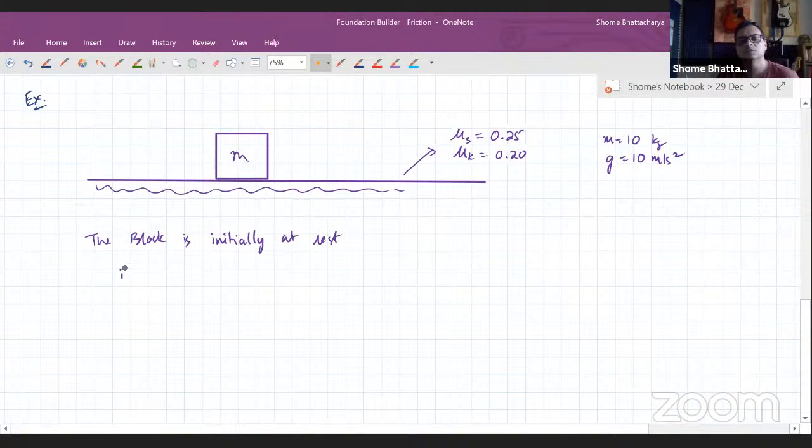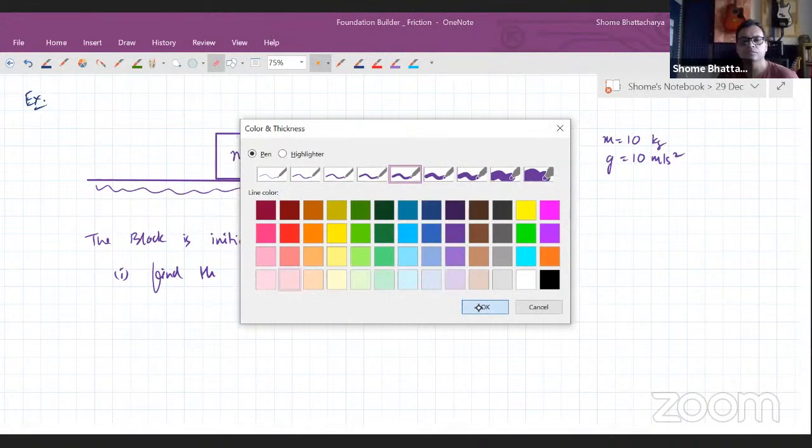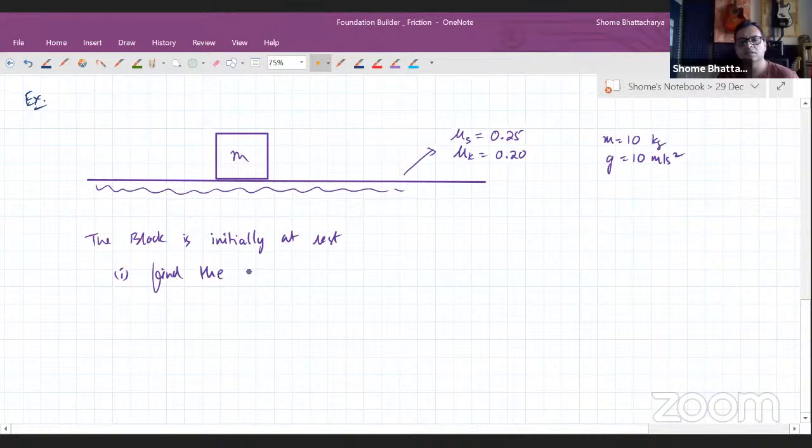So the first thing we'll do is find out the maximum limit of static friction, or what we call the limiting static friction, that can act on the block.